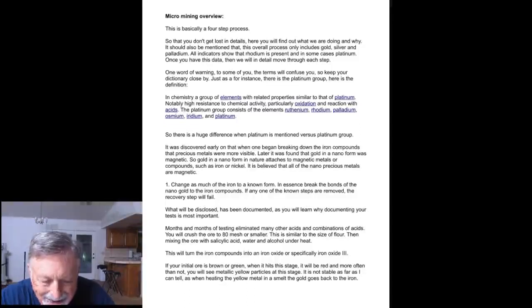The platinum group consists of the elements ruthenium, rhodium, palladium, osmium, iridium, and platinum. So, there is a huge difference when platinum is mentioned versus platinum group.